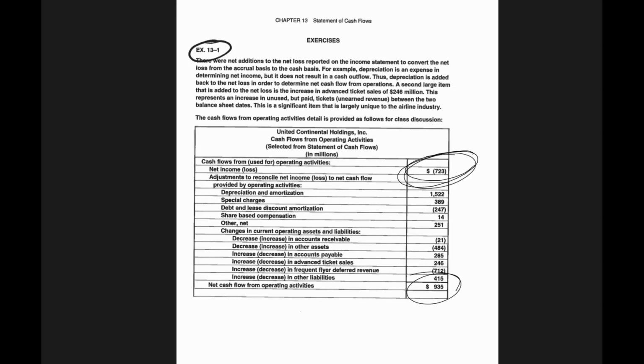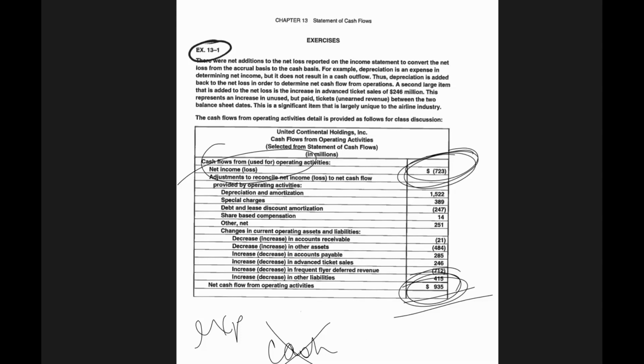So notice here there's a big minus, but when it's all said and done, the operating section shows a positive cash flow of $935,000. So when we think about our expenses, all of our expenses usually involve the payment of cash. What is one expense that doesn't involve cash?